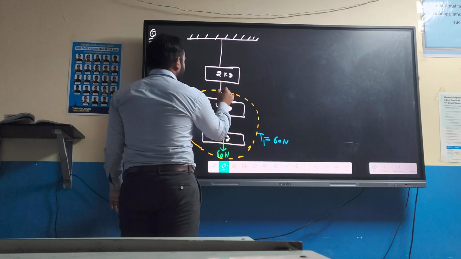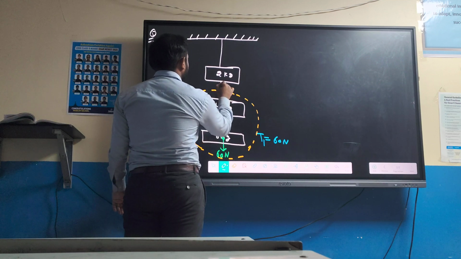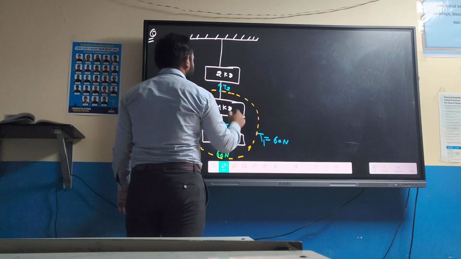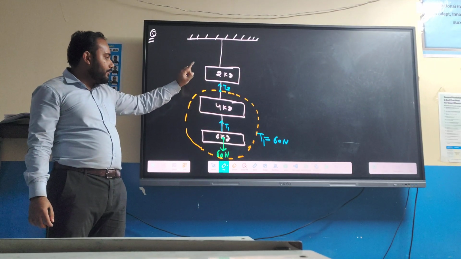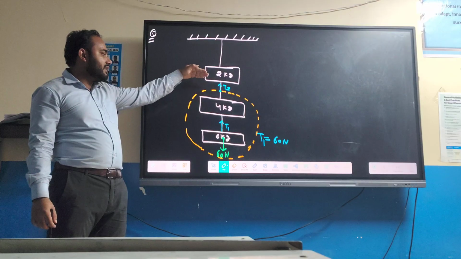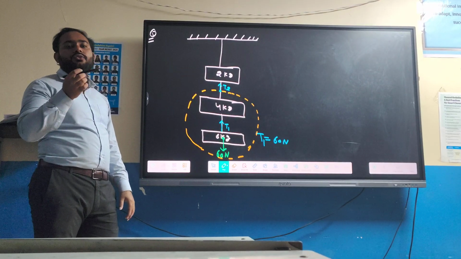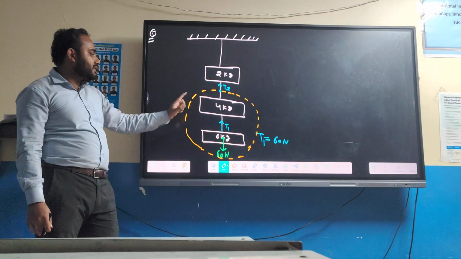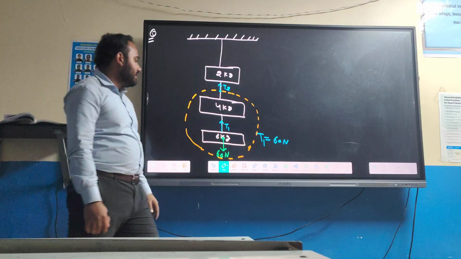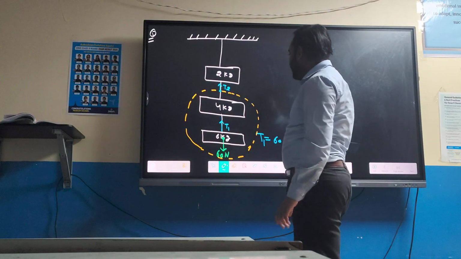So what forces can we apply to this system? There will be an upward tension force, that will be T2. And if we are considering 4 kg and 6 kg as a single system, then there will also be a gravitational force. But what will be the value of mass? The mass value will be 4 kg plus 6 kg, that will be 10 kg. So this complete body is in equilibrium.